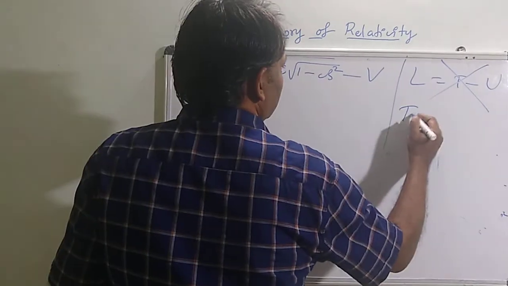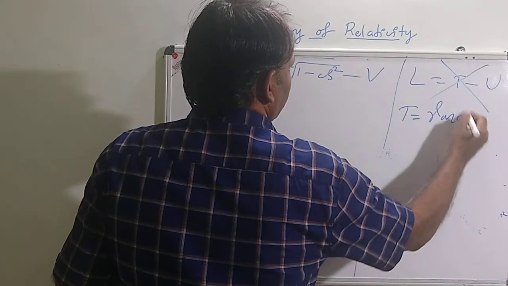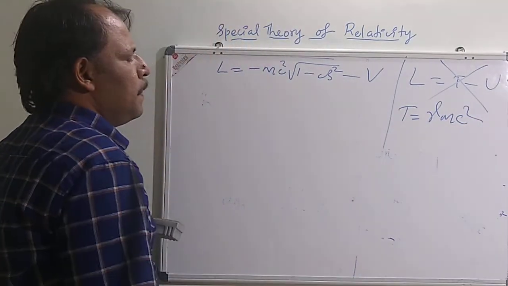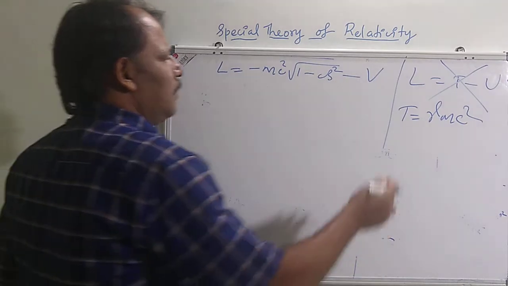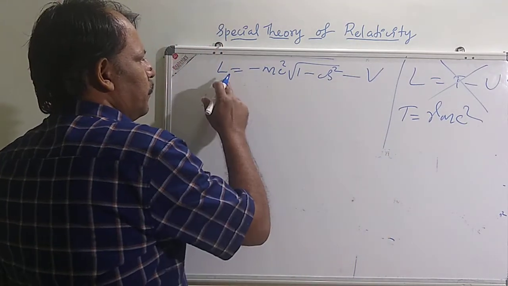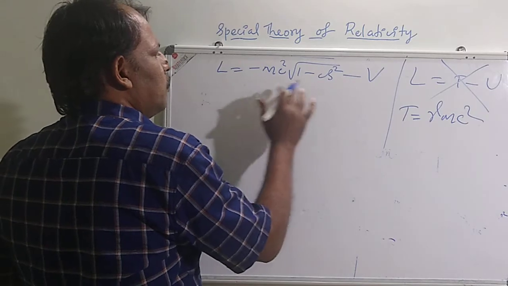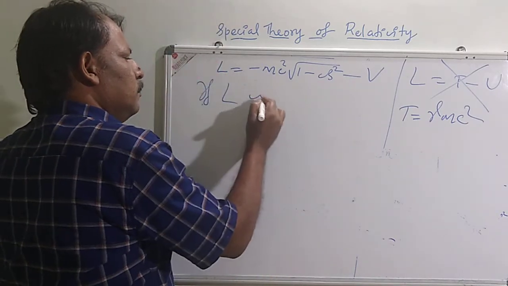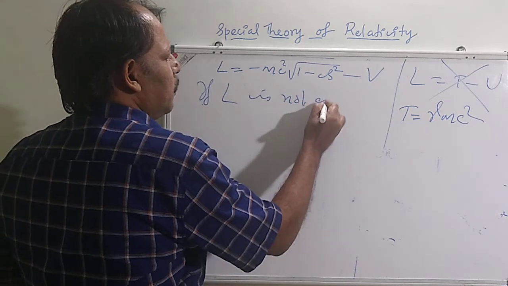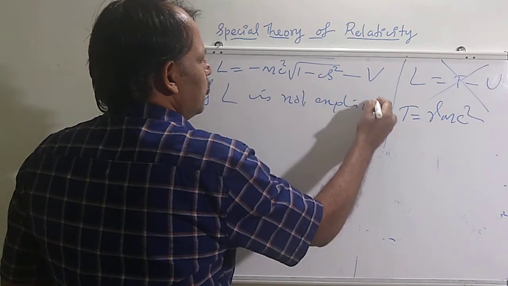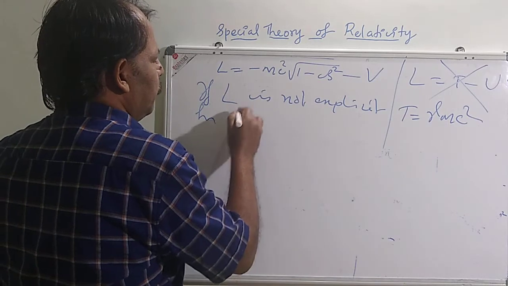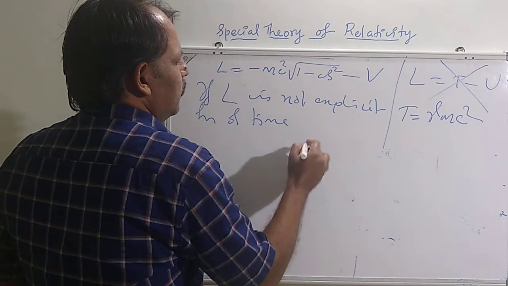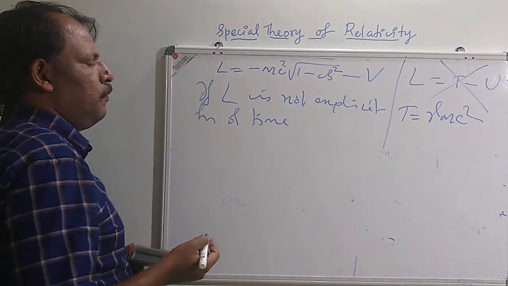What is T? T is equal to gamma mc square. Kinetic energy is gamma mc square, and here the Lagrangian is not equal to T minus V. If the Lagrangian is not an explicit function of time, then we can find a constant of motion.